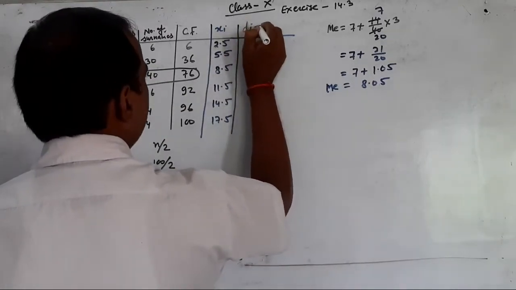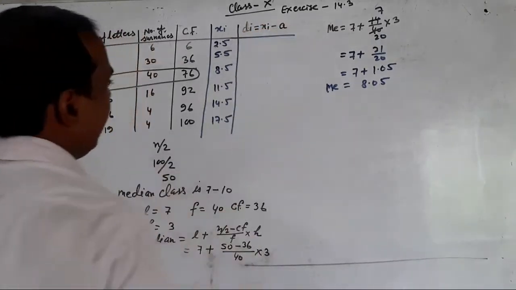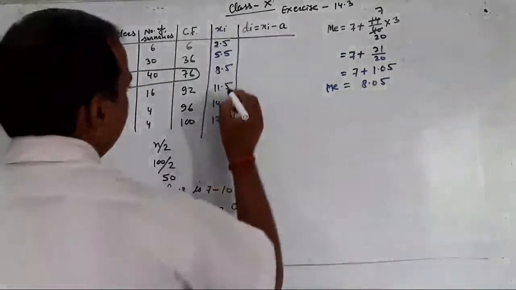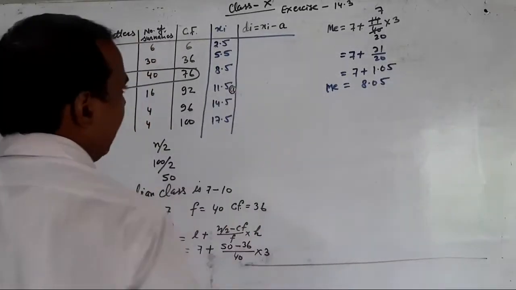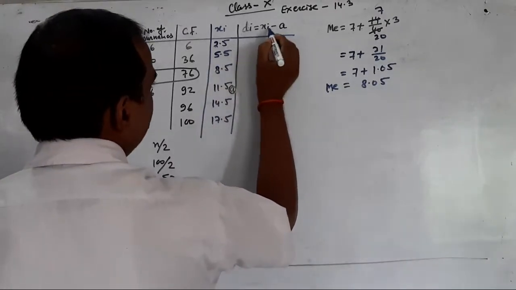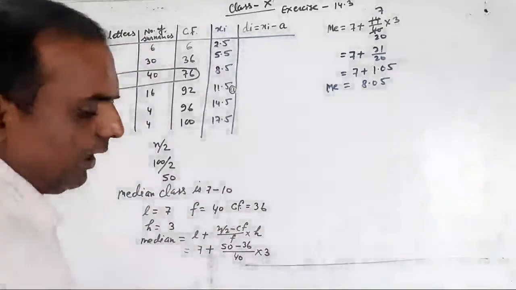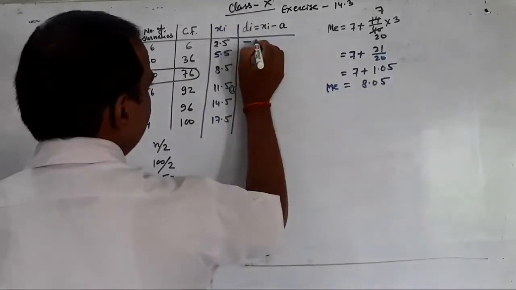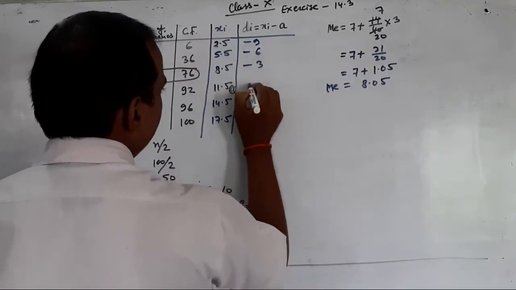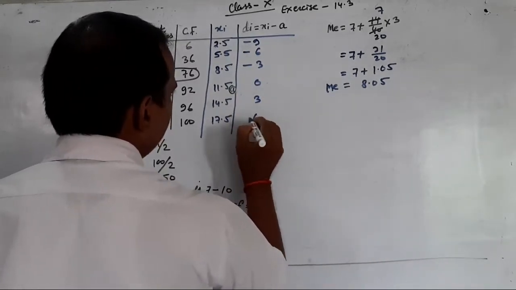we will get di. Here di equals xi minus a. Now from these we take one as a, taking 11.5 as a. Here di is xi minus a, so 2.5 minus 11.5 will be minus 9. Here minus 6, minus 3, 0, 3 and 6.